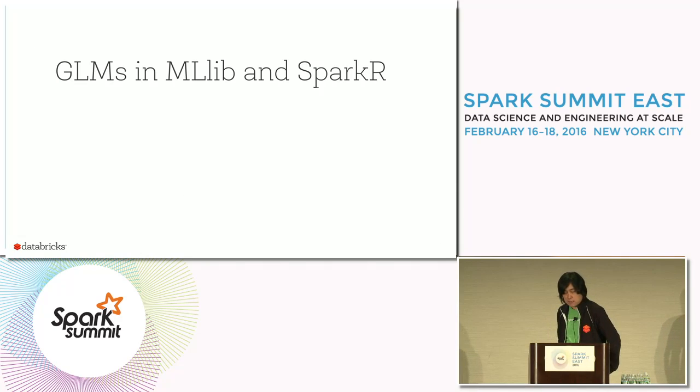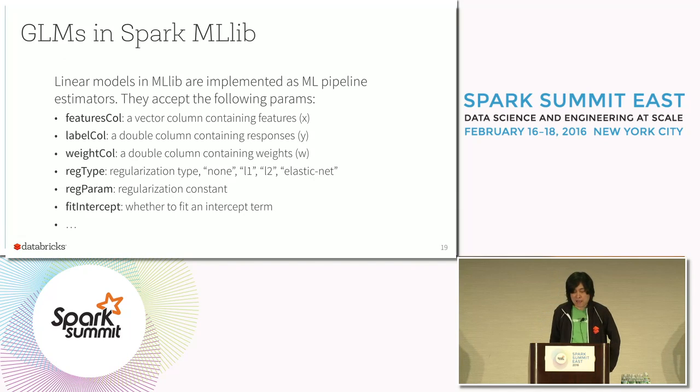Next, I want to show how you can use generalized linear models in Spark, especially in MLlib and SparkR. Those linear models are implemented as ML pipeline estimators. I don't want to go into the details about ML pipelines. Essentially, an estimator takes an input data frame, and inside the data frame you have different columns.